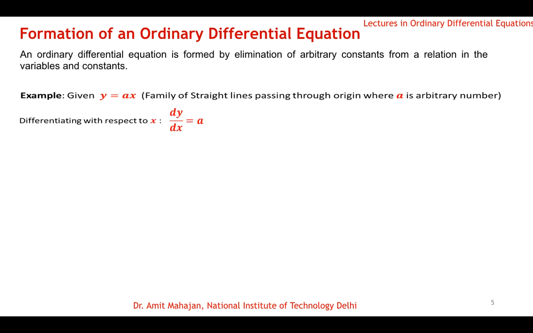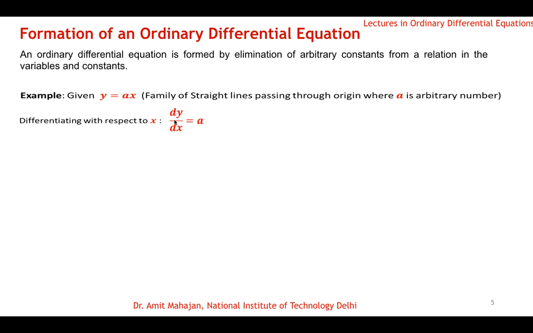Your first step is that you differentiate this with respect to x. The left hand side becomes dy by dx, and the right hand side becomes a, because the derivative of x with respect to x is 1 and a is a constant.